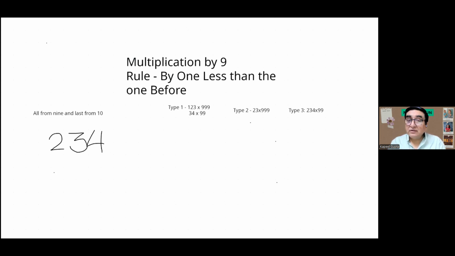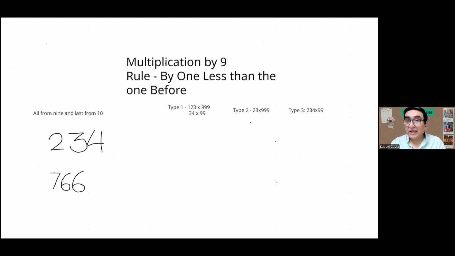So 9 minus 2, we get 7. Then 9 minus 3, I get 6. And the tip says all from 9 and last from 10, so I'll subtract 4 from 10. So I get 766. Simple.